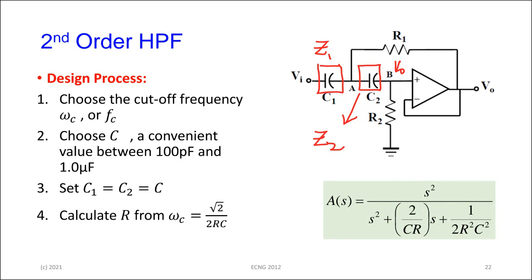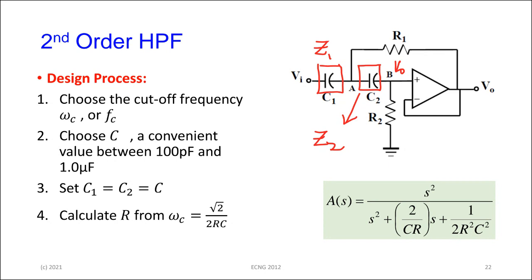The design process is the same approach again. You always start off with a cutoff frequency, because that's what the filter is doing, cutting off a frequency. You choose a capacitor, again, between about 100 pico and 1 micro. Let the two capacitors be equal, and then you calculate the resistances from that. And remember that there's a relationship between R1 and R2, and you scale them accordingly.